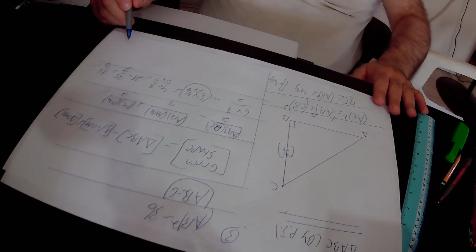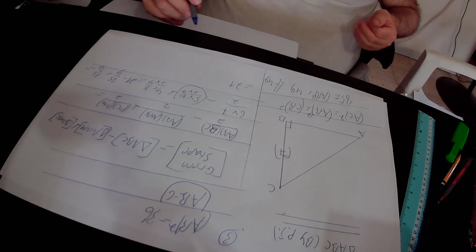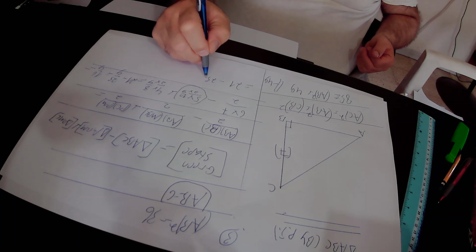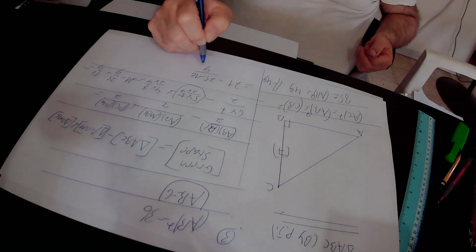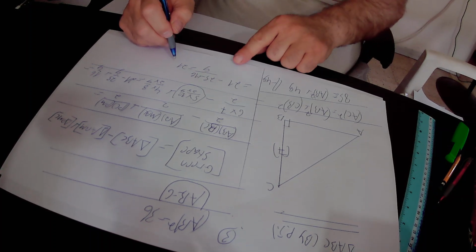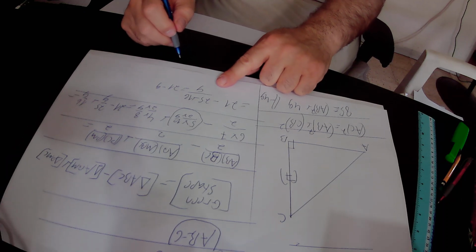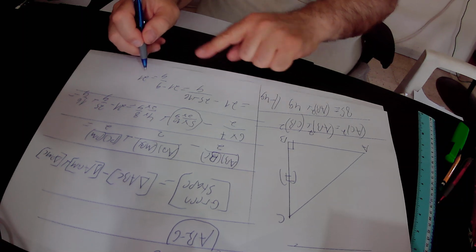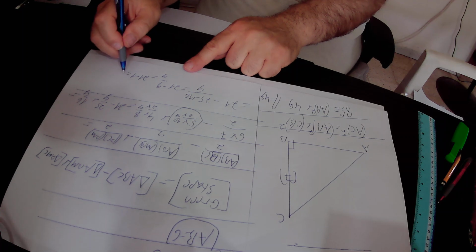So the area of the green shape equals 21, and here we have minus 25 plus 16 over 9. Minus 25 plus 16 is minus 9, so this expression equals minus 9 over 9, which is minus 1. 21 minus 1 is 20.